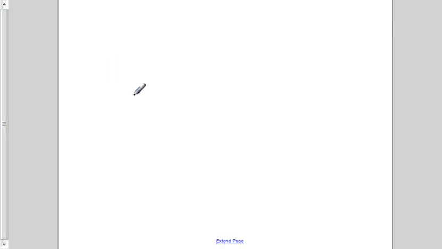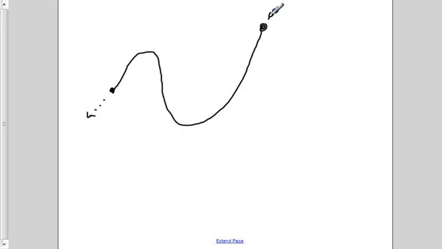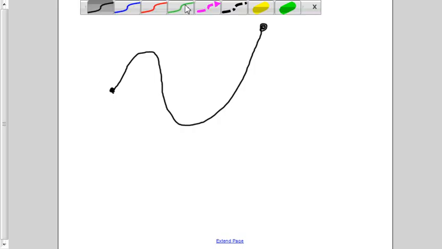Okay, so first example might be, here's my interval, a closed interval, which means again it doesn't go on and on forever in that direction, doesn't go on and on forever in that direction. So it's closed. What the extreme value theorem says is that there must be an absolute min and an absolute max.